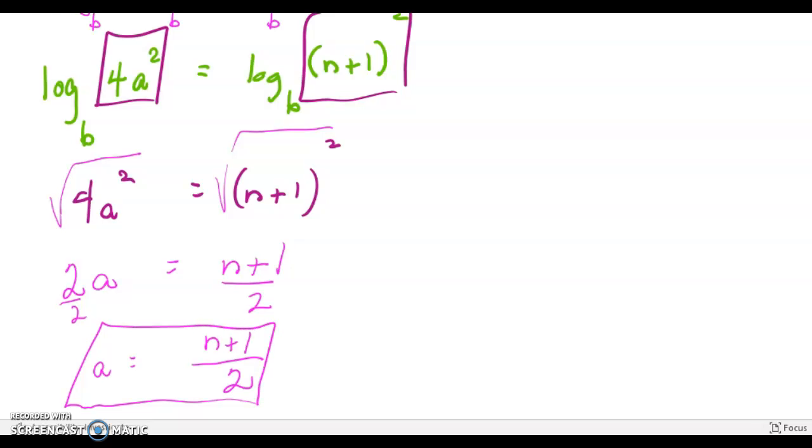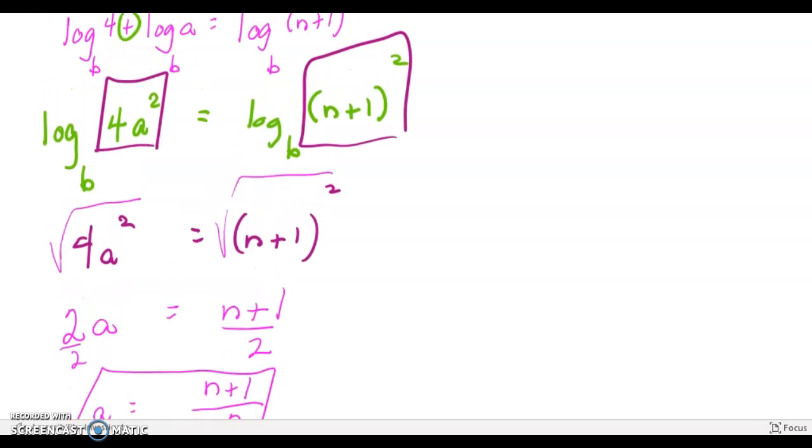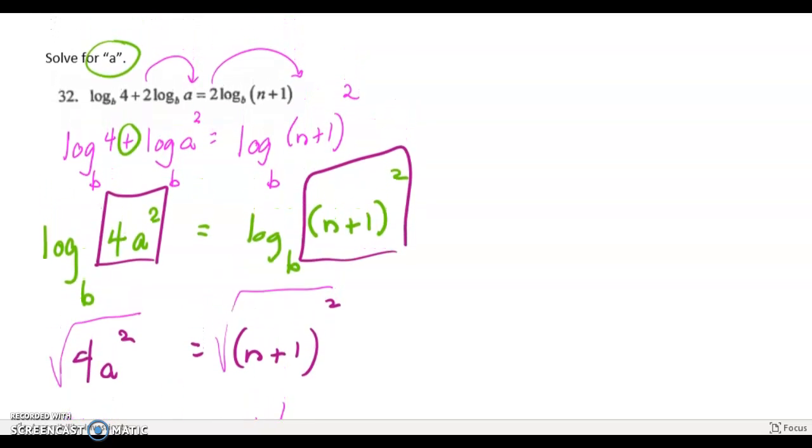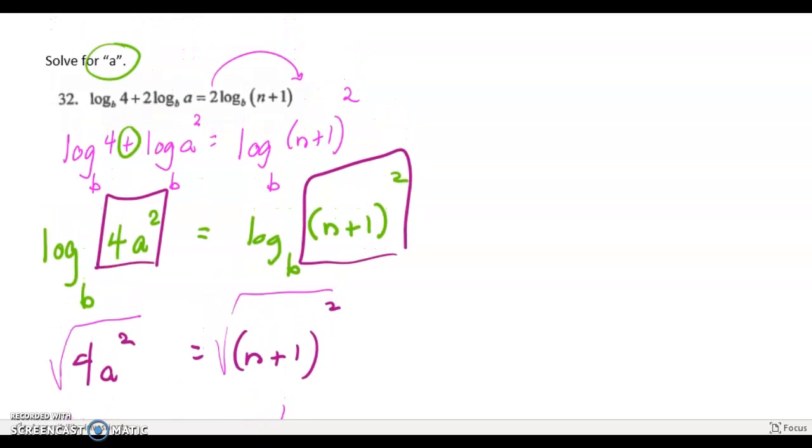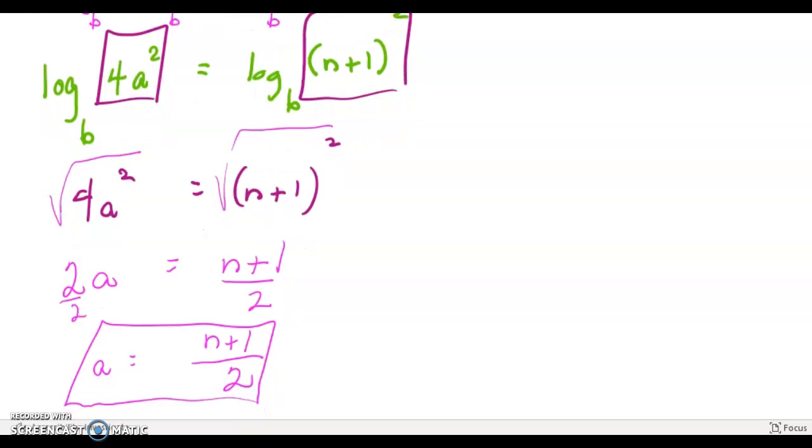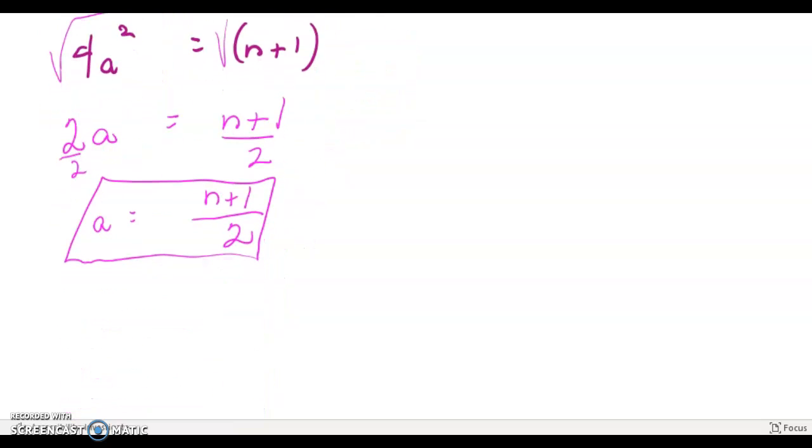There is a small catch. When we look back at the original problem, we would not want a to be a negative number. We would not want that to come out negative because this has to be a positive number. And so we would need to say n would have to be greater than or equal to 0.